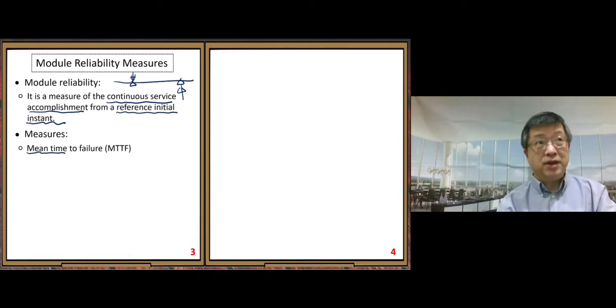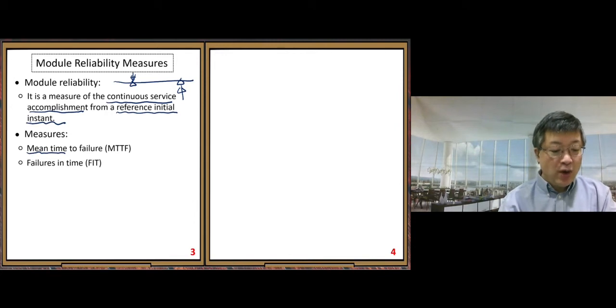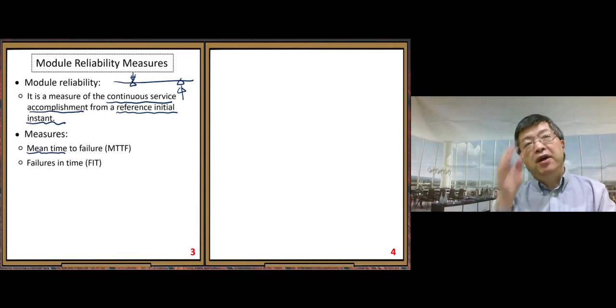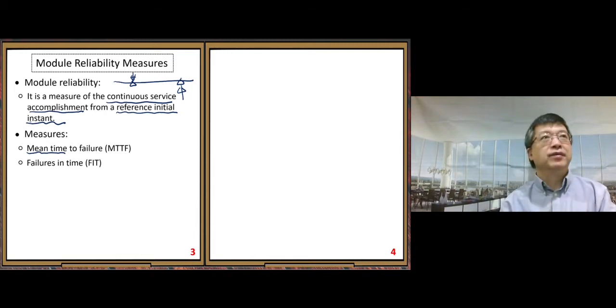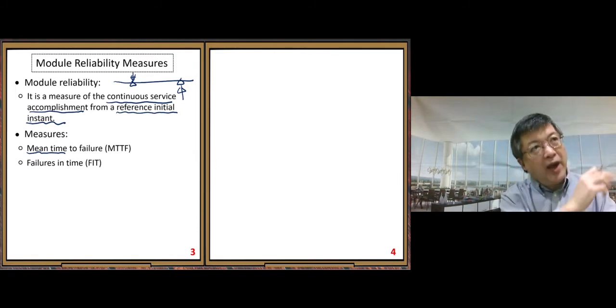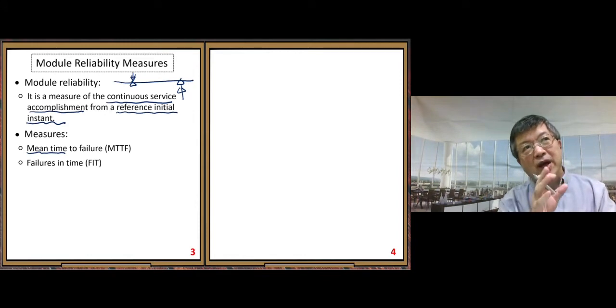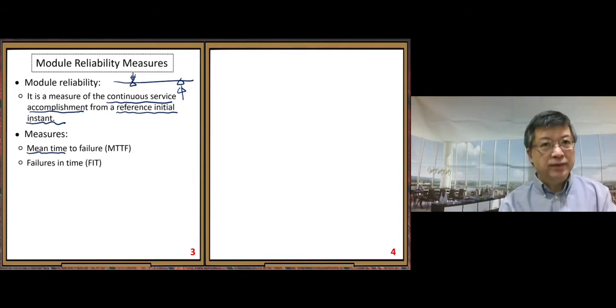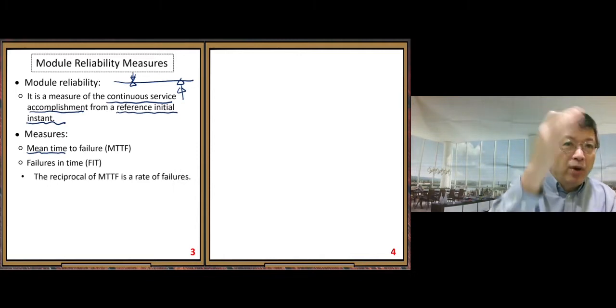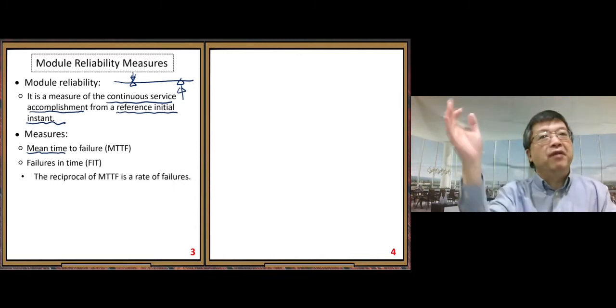That concept. Next one, called failures in time, FIT. So we want to look at the reliability issue, but in a different way. We look at it in this way: number of failures in a certain time period. So this one actually is the reciprocal of MTTF.